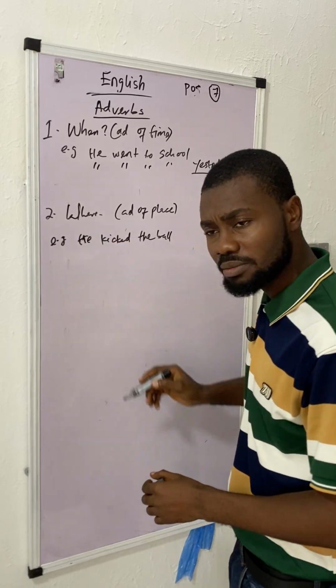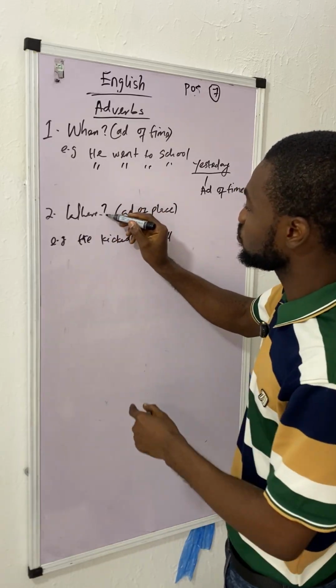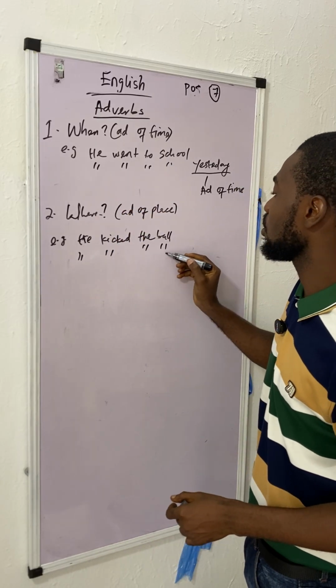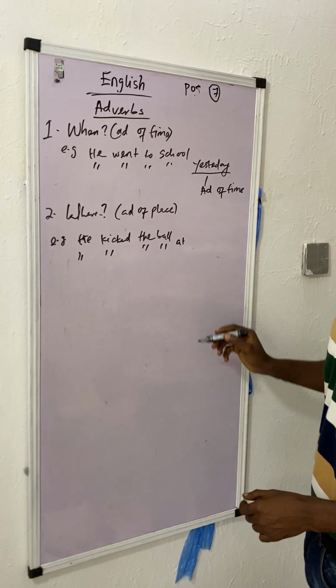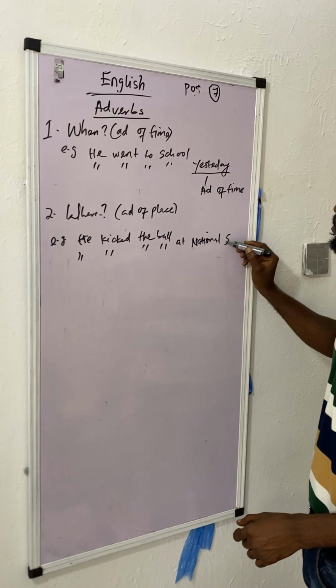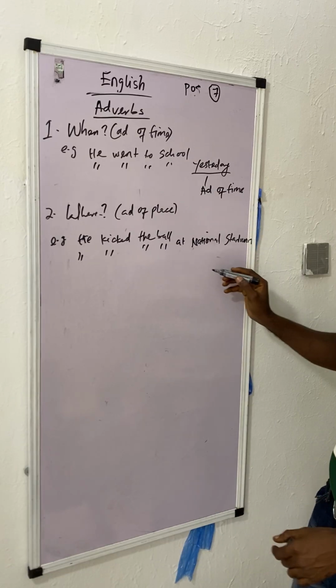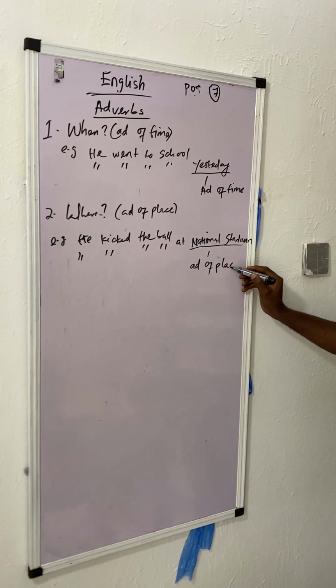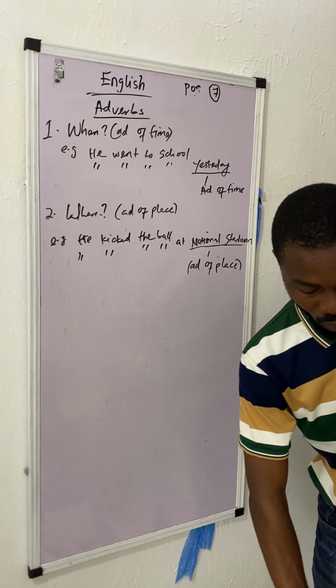He said, yes, he kicked the ball. Where? To answer this question, we now say he kicked the ball at the National Stadium. All right. This one is what? Our adverb of what? Of place. Answering the question where.